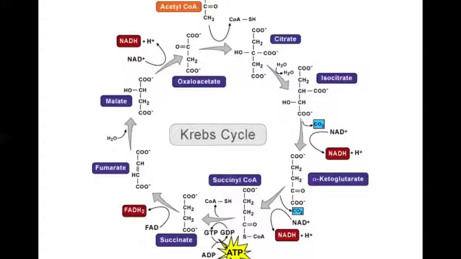It takes about 19 different enzymes to do it, so that every one of the carbons is now released as CO2, goes into your bloodstream, to your lungs, and you breathe it out. And many of the electrons that were in the original molecule are now being carried on this NADH molecule.